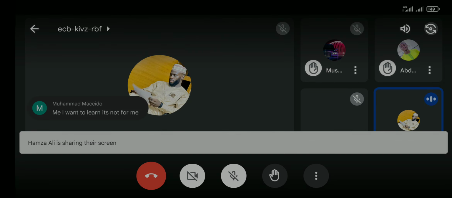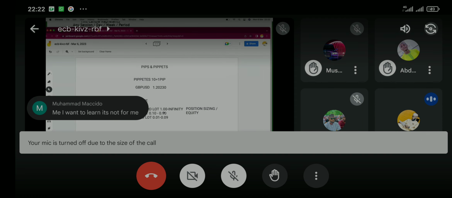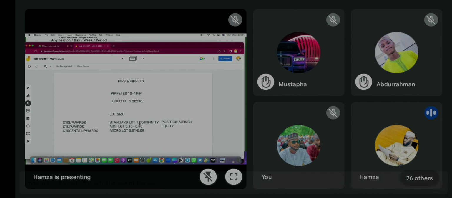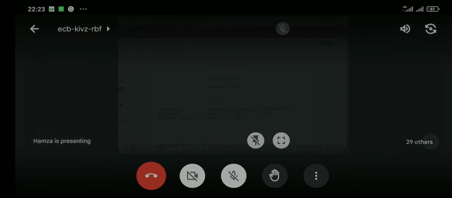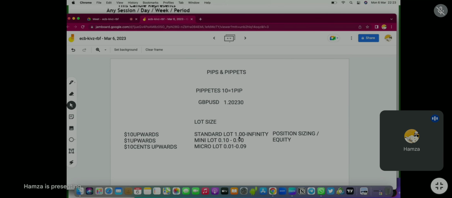If you see someone using 3 standard lots, just say 10 times 3. If you see someone using 10 standard lots, you just say 10 times 10. So what you need to be aware of is that lot sizing or position sizing has three numbers, two numbers after the decimal point and one number before it.